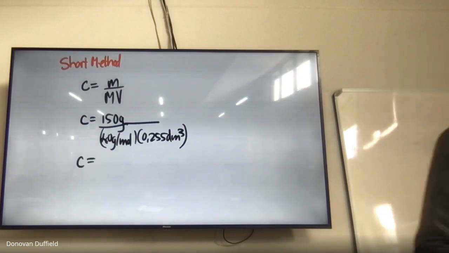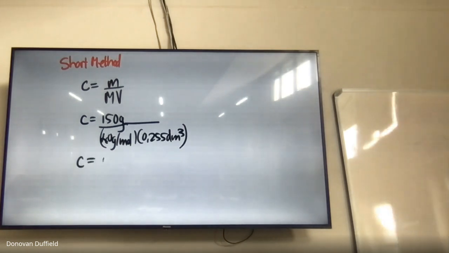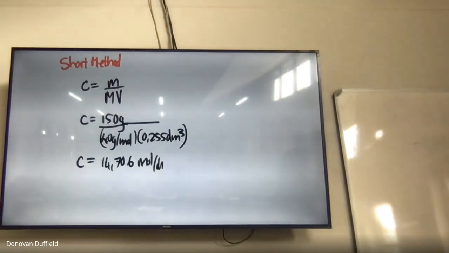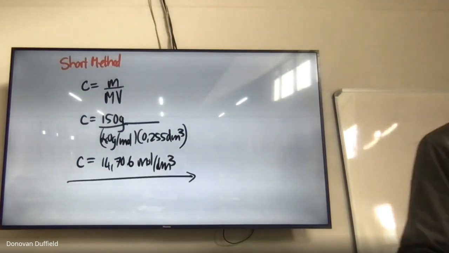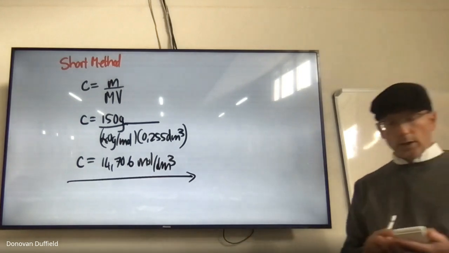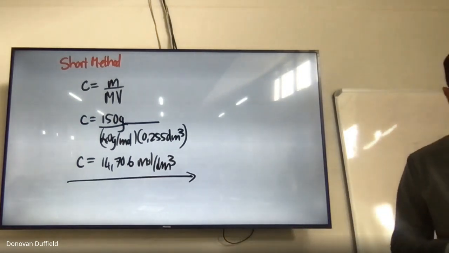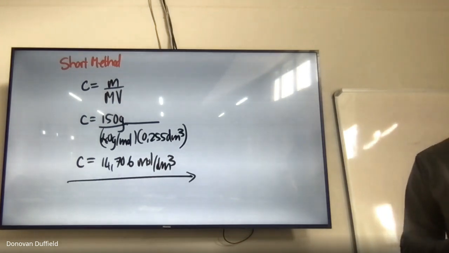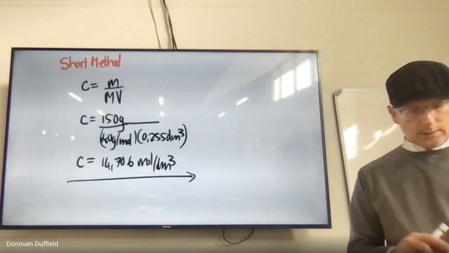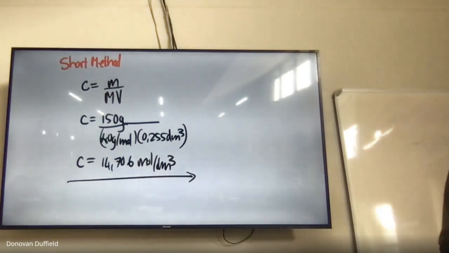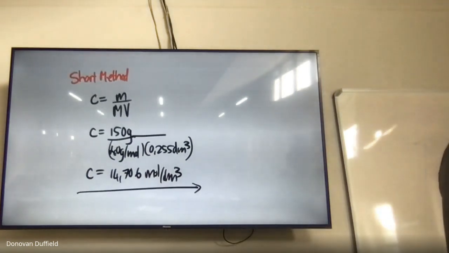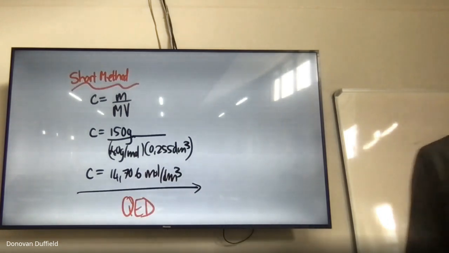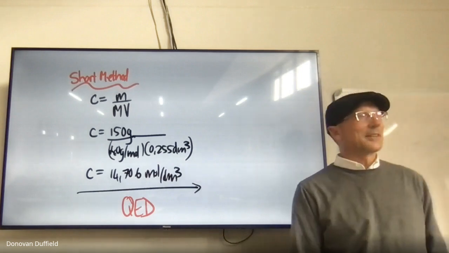And that would have given us 14,706 mole per cubic decimeter. You could have done it like that. I'm going to work it out straight. 150 divided by bracket, 40 times 0.255 close bracket, 14,706. QED, quite easily done. Okay.